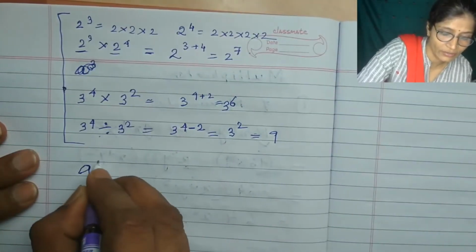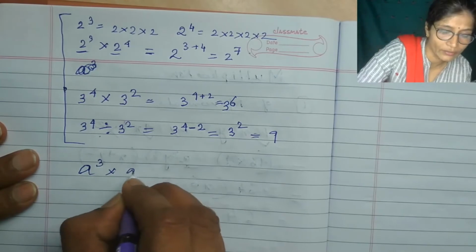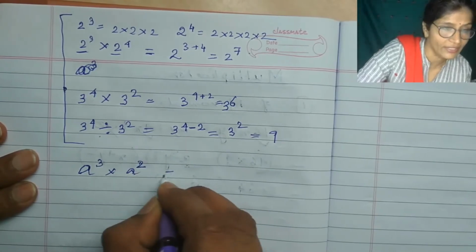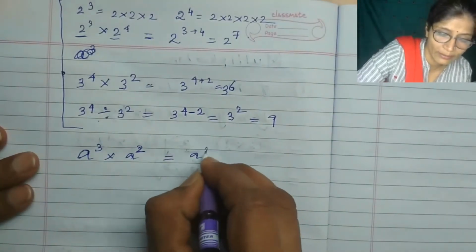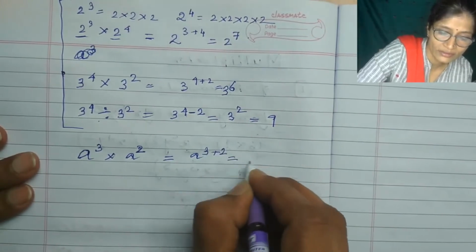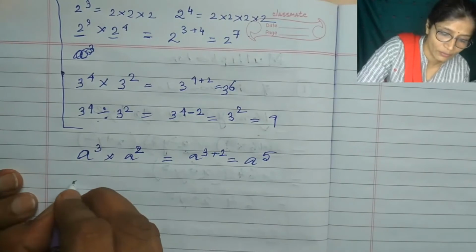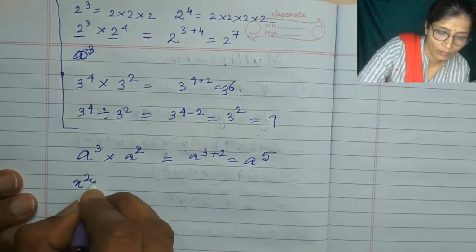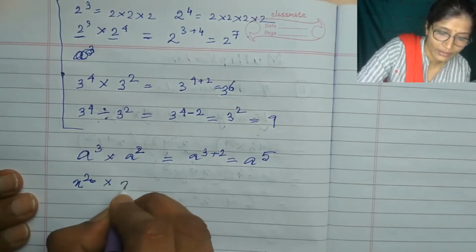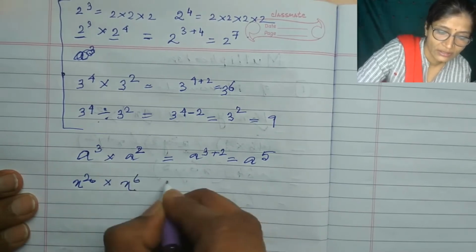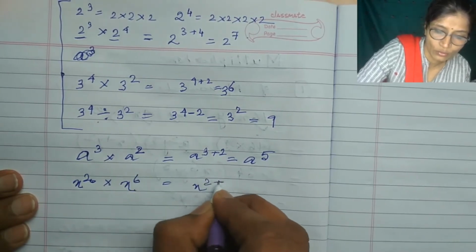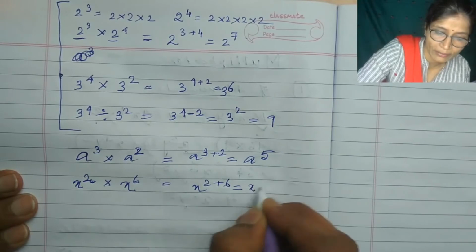Suppose I write a to the power 3 into a to the power 2, means a square, then it is equal to a to the power 3 plus 2, that is a to the power 5. Powers added. Or I write suppose x square into x to the power 6, then it will be x to the power 2 plus 6, that is x to the power 8.